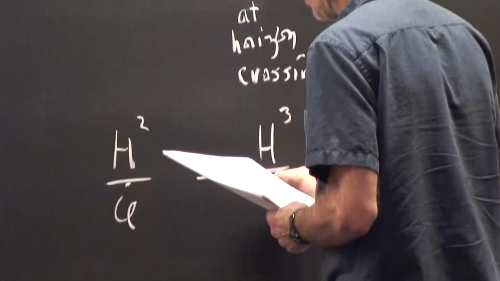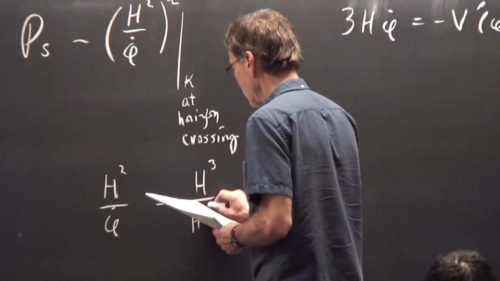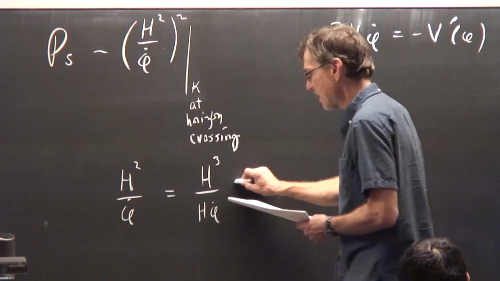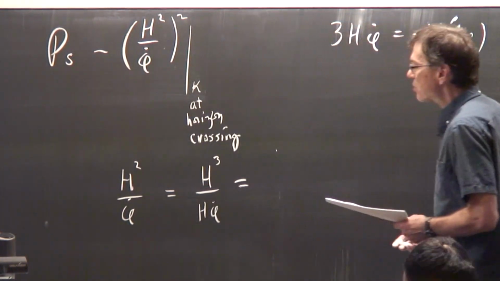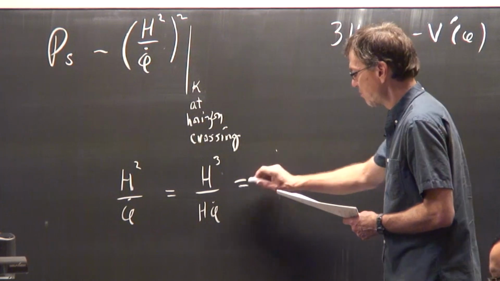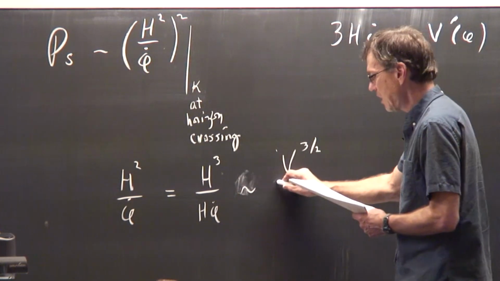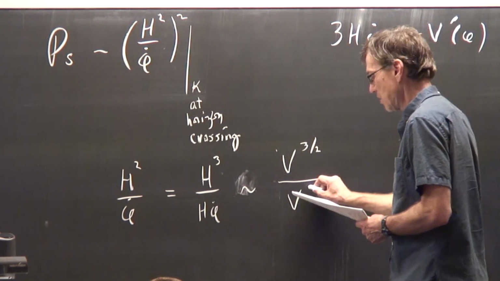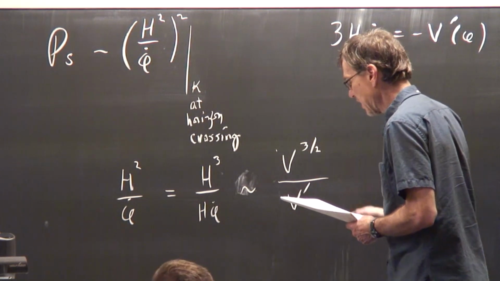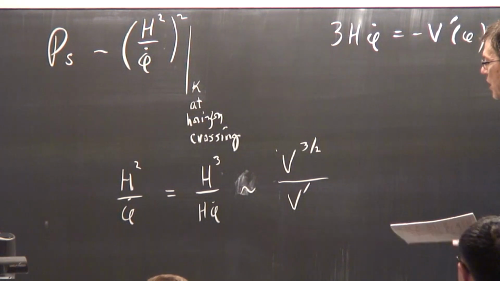So we get H squared over, so H cubed over H phi dot. Ignoring powers of M Planck, this is going to give us something going as V to the 3/2 over V prime.